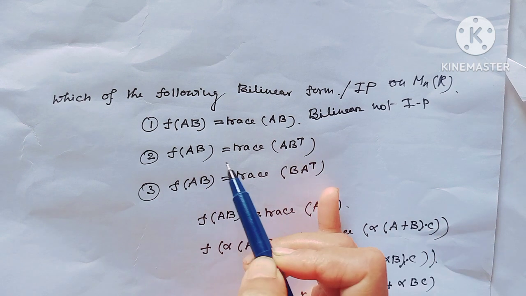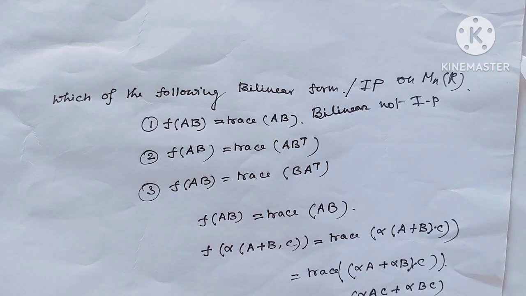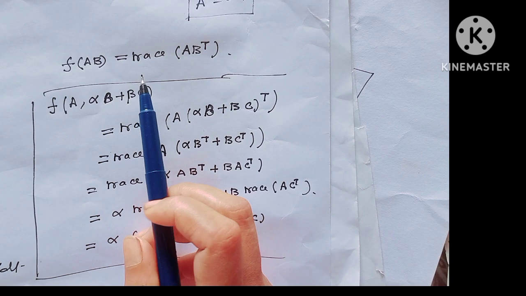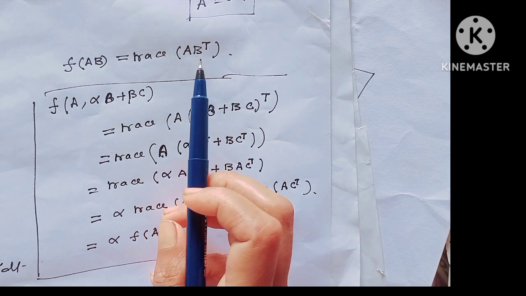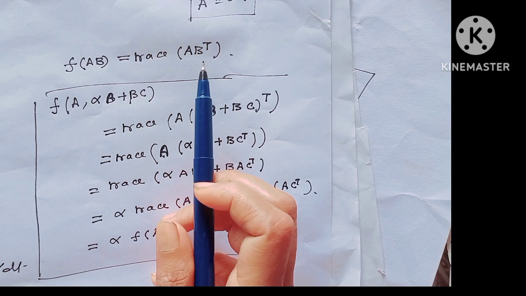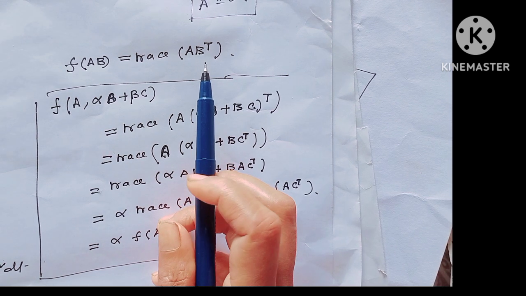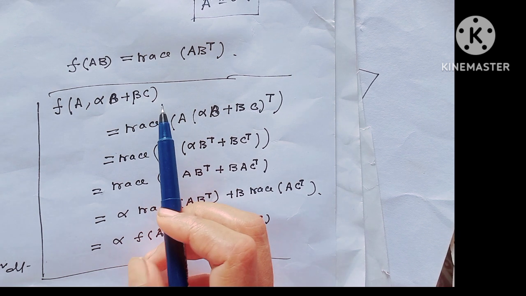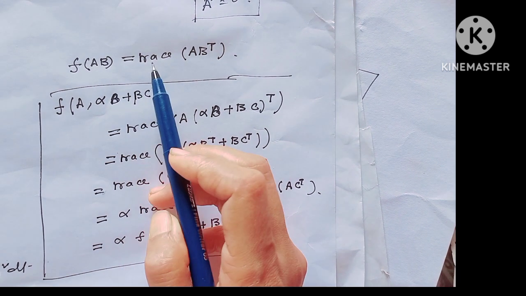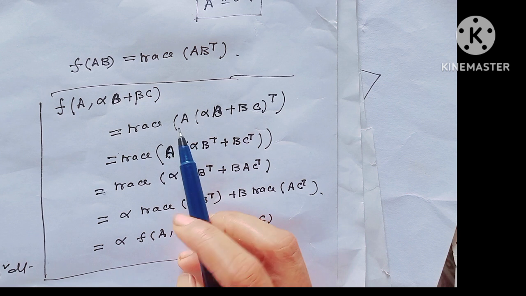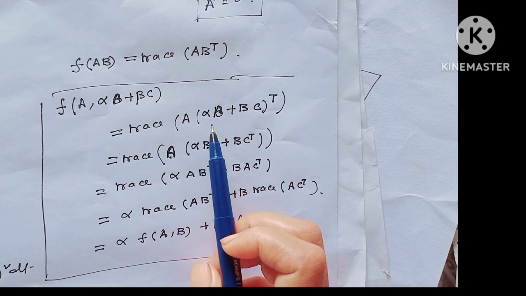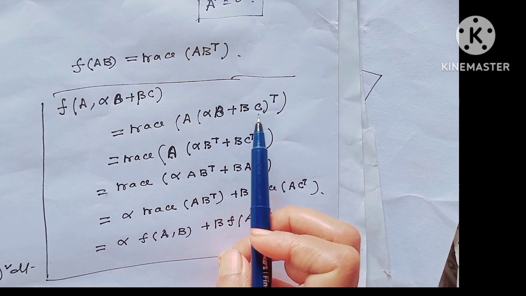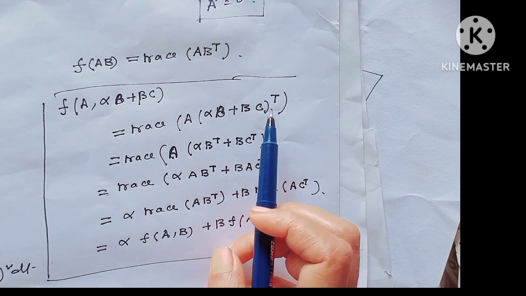Next, option 2, f of AB equal to trace of AB transpose. At first, check the bilinear form. F of A comma alpha B plus beta C, by the defined function, is equal to trace of A times alpha B plus beta C transpose.